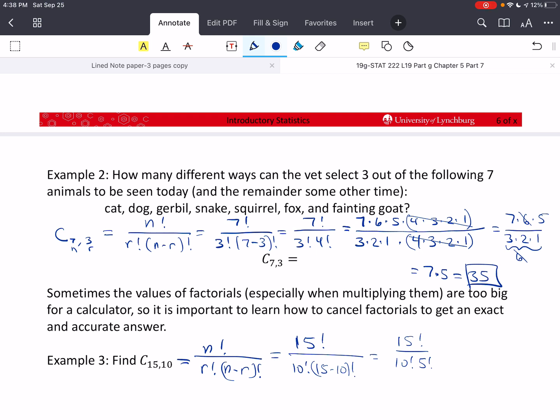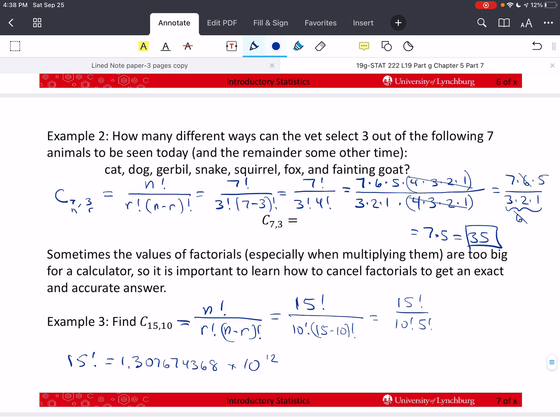For 15 factorial, my calculator says it's equal to 1.30767436 times 10 to the 12th. Okay? So I've got 1, 2, 3, 4, 5, 6, 7, 8, 9. I've only got 9 decimal places, or actually, if I count this one, 10. So I have a total of 10 decimal places.